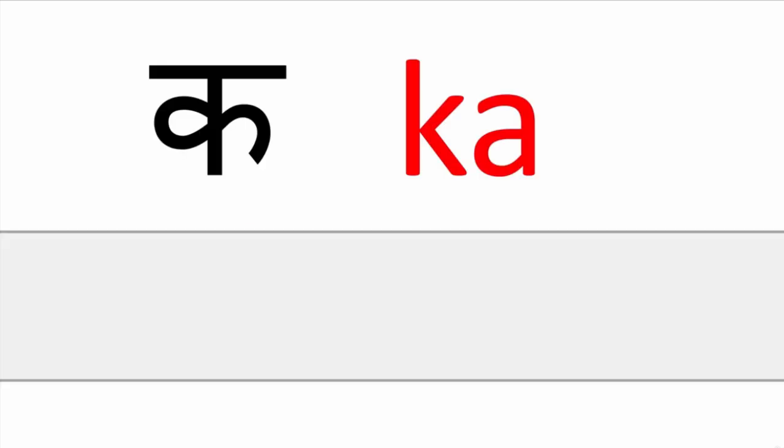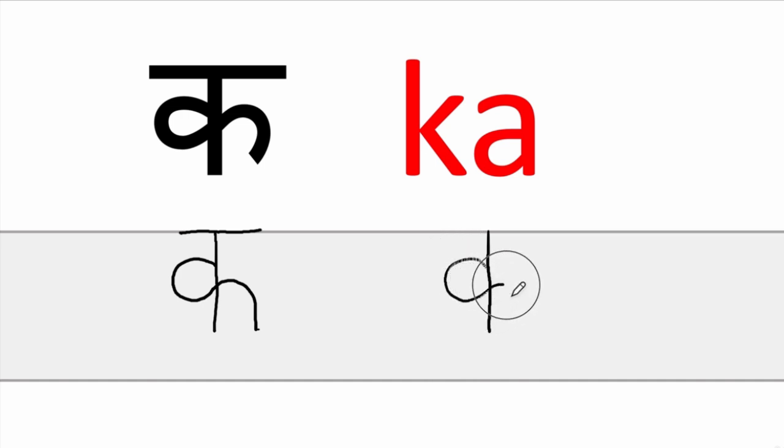Ka. Let's see how to write ka. Let's see one more time. This is how we write the first consonant ka.